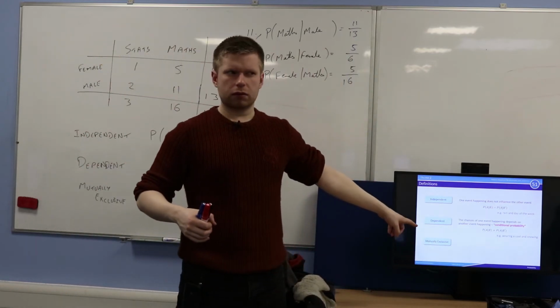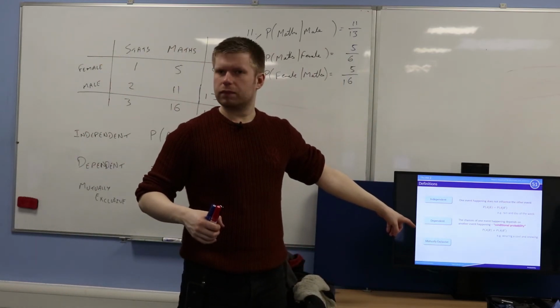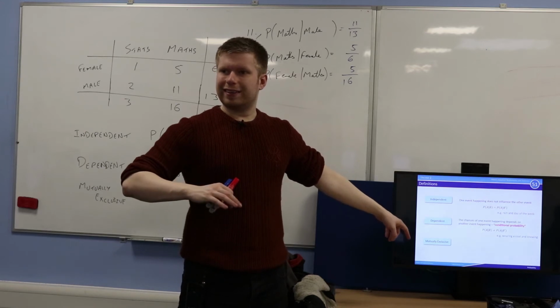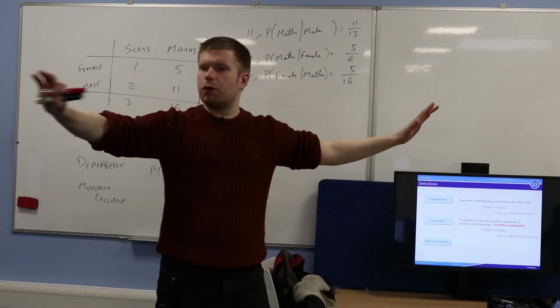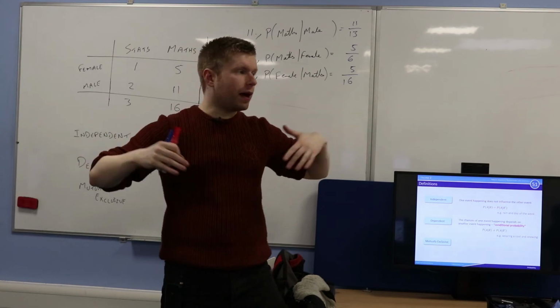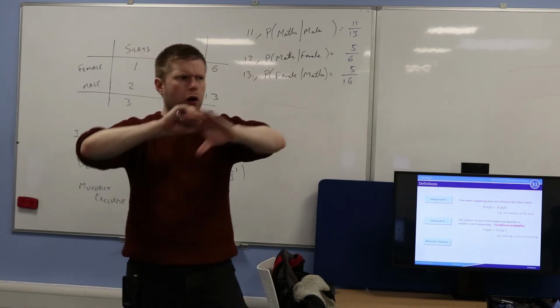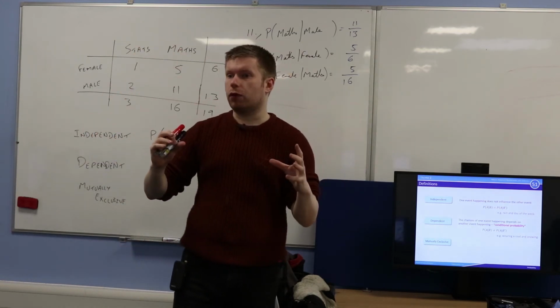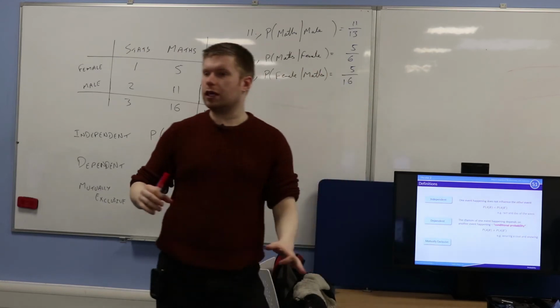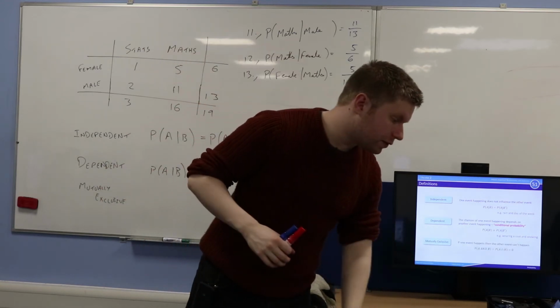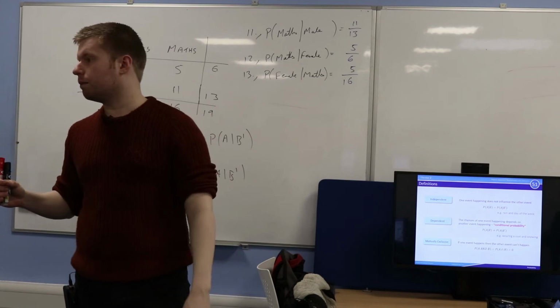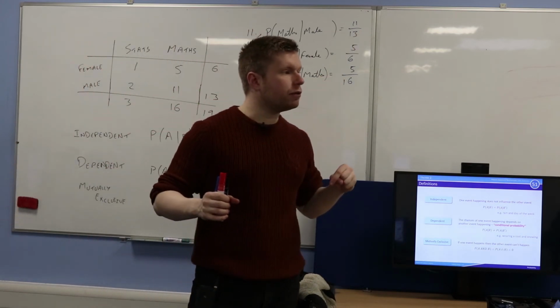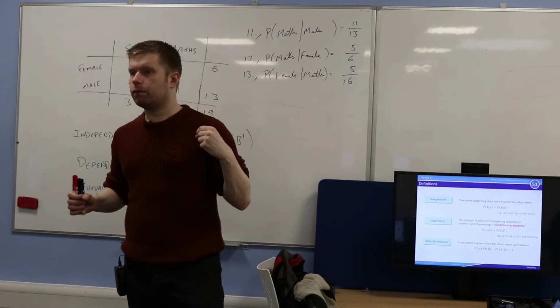Exclusive? It's not happened anywhere before. If you look on a newspaper, it'd be like world exclusive. It means it's not happened before. So mutually exclusive simply means that the two events cannot happen at the same time. If one thing happens, the other thing cannot happen.